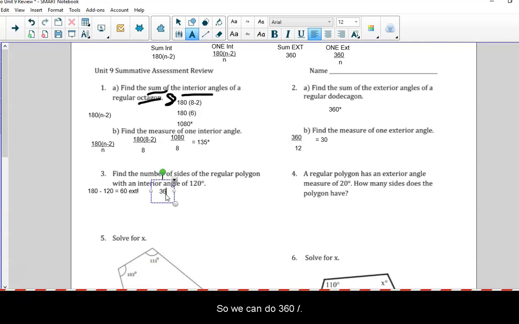So 360 divided by the exterior angle will give us the number of sides. Okay, so 360 divided by 60 gets us 6. So it's a hexagon, 6 sides.